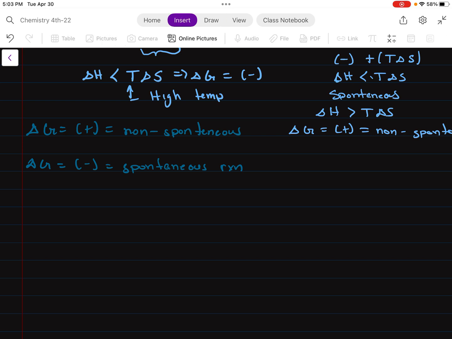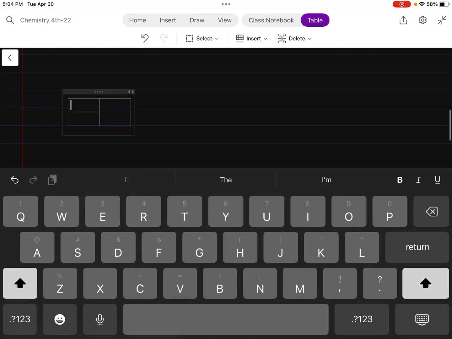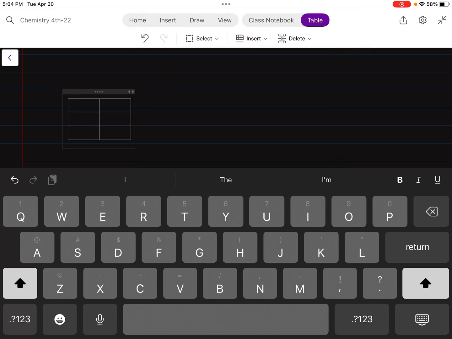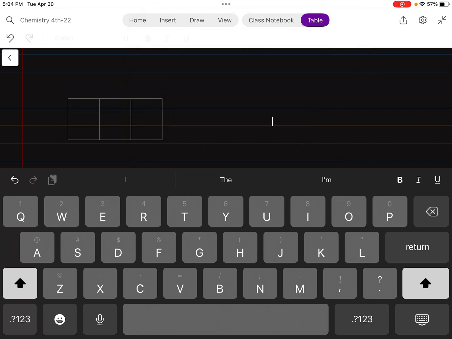We're going to insert a table. All right.